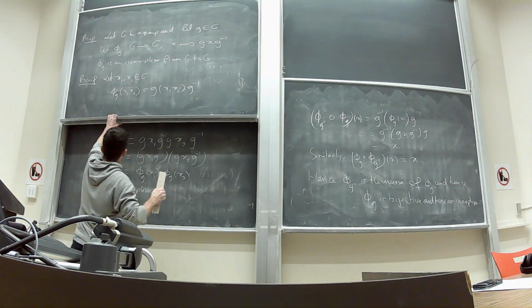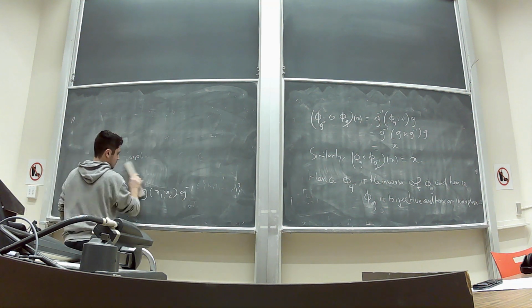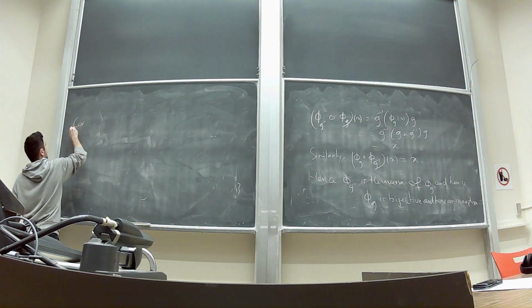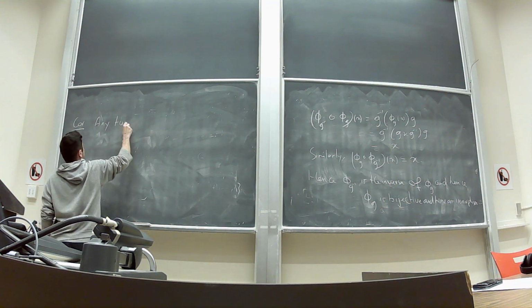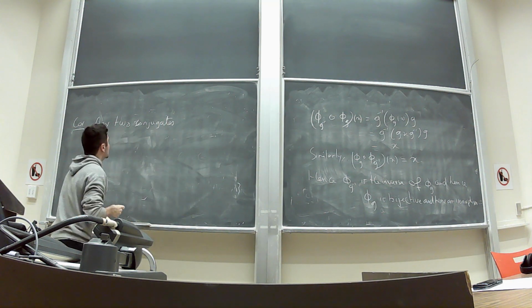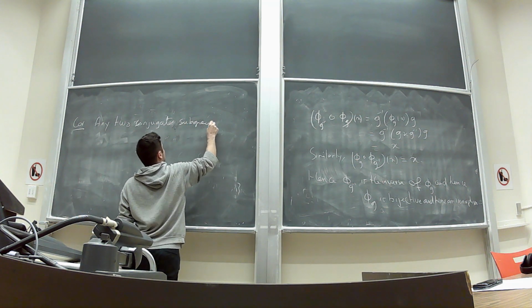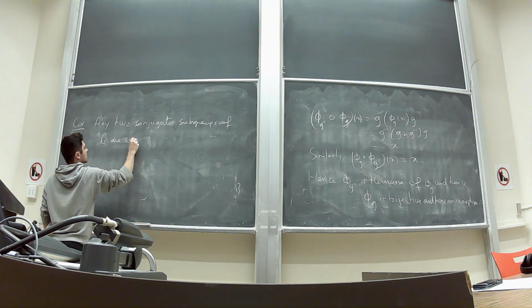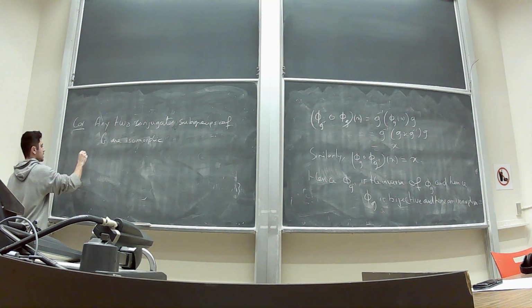Therefore, corollary: any two conjugate subgroups of G are isomorphic. Why is that?